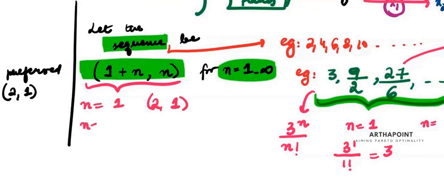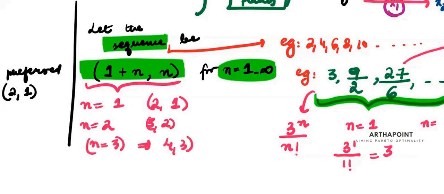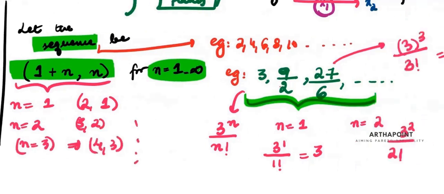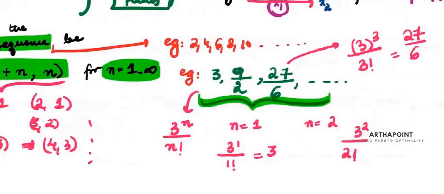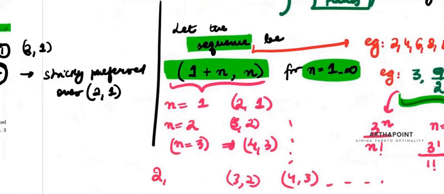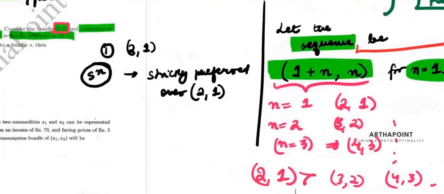When I put n equal to 2, I will get (3, 2). When I put n equal to 3, I will get (4, 3), and so on. And now I am saying that over all these bundles, (3, 2), (4, 3), etc., (2, 1) is preferred, because no sequence was given to me, so you have to create a sequence first.